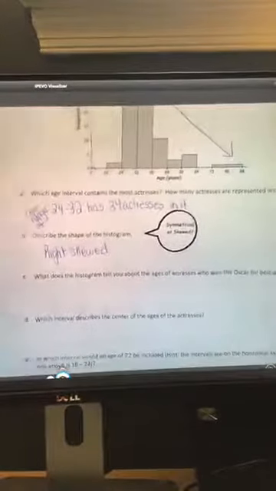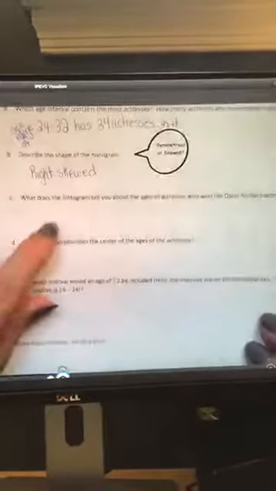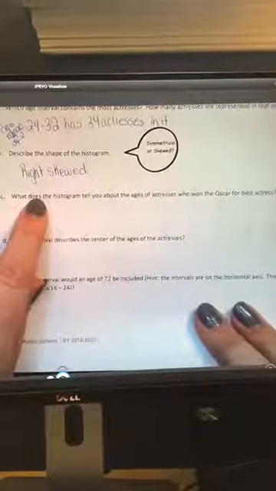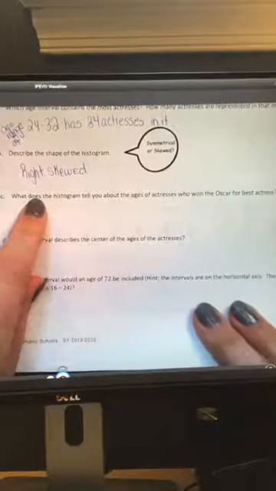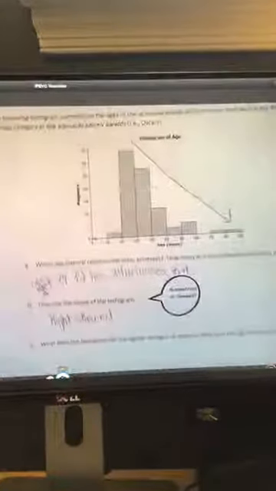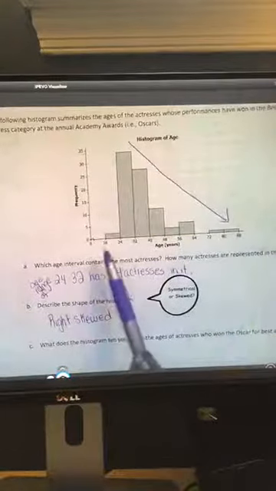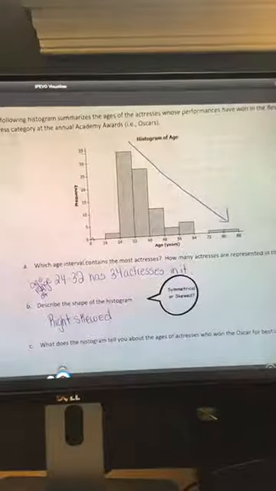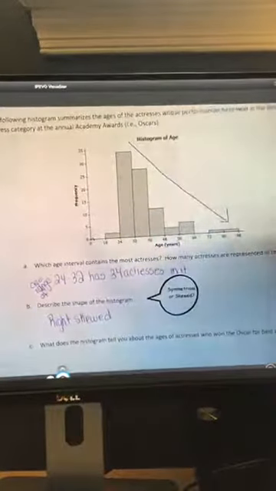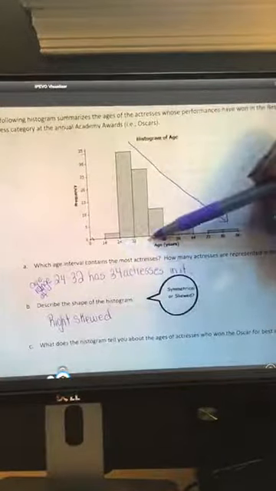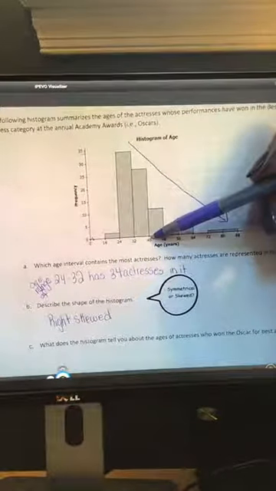All right, so question C says, what does the histogram tell you about the ages of actresses who won the Oscar for Best Actress? Okay, so what does this tell us about the age ranges of the actresses that won the Oscar? So what I noticed is that most of the winners are between 24 and 40.